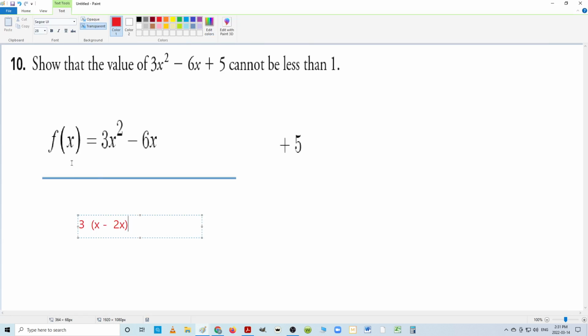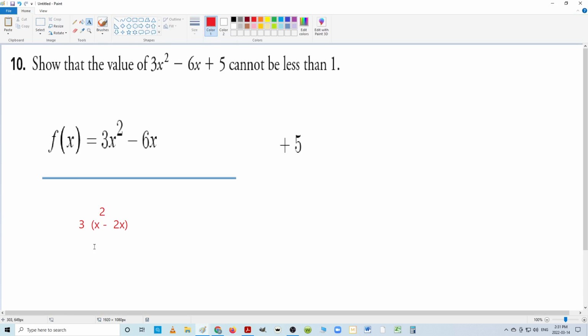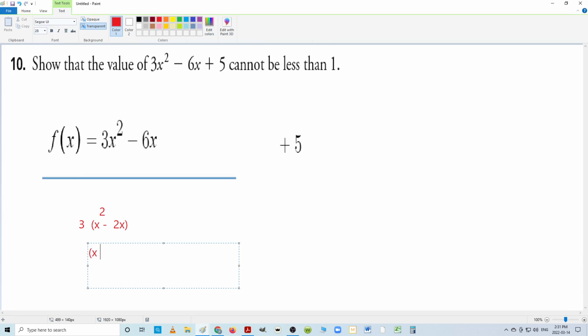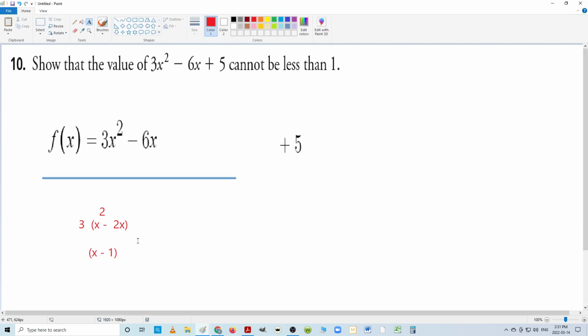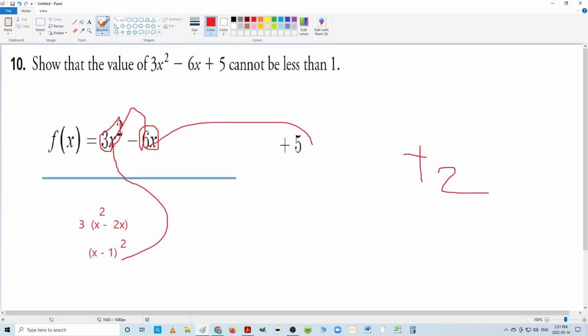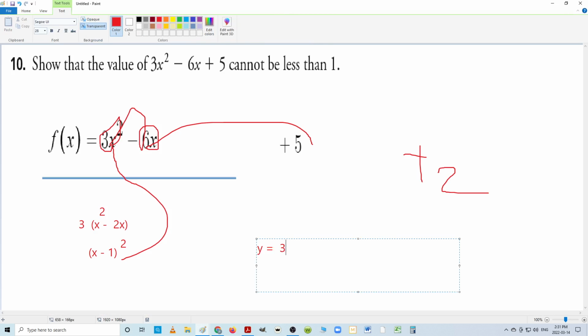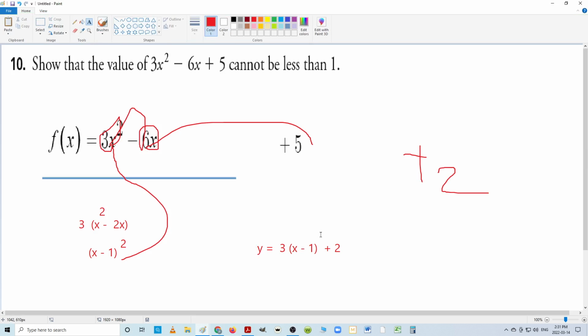And I immediately know that the perfect square for that is x minus 1 squared. Now I figured out that x is equal to 1 for the vertex. I plug it back up in here. I get 3 minus 6, which is minus 3, plus 5, plus 2. And I immediately can rewrite my vertex formula. And this is called partially completing the square. Like this. And I figured it out.